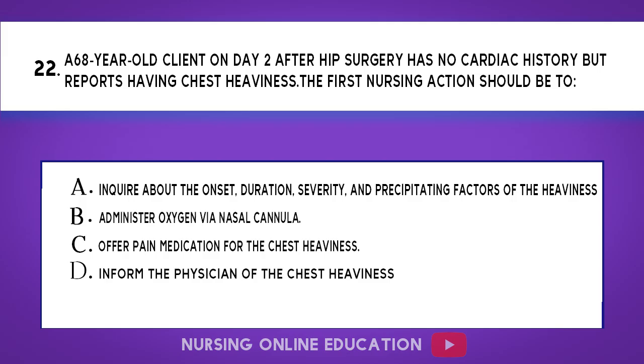22. A 68-year-old client on day 2 after hip surgery has no cardiac history but reports having chest heaviness. The first nursing action should be to A. Inquire about the onset, duration, severity, and precipitating factors of the heaviness. B. Administer oxygen via nasal cannula. C. Offer pain medication for the chest heaviness.